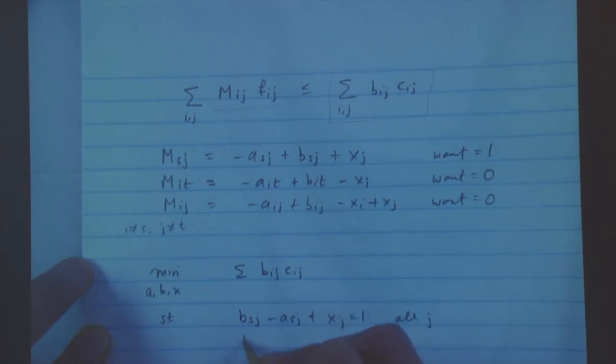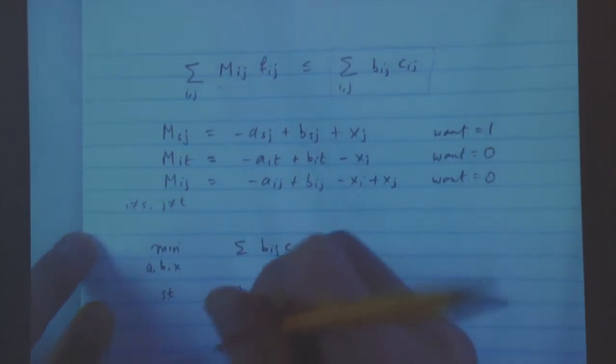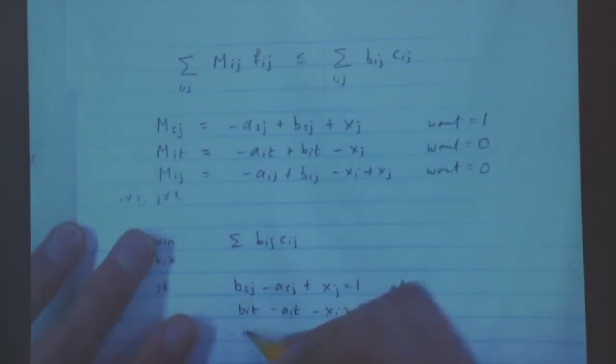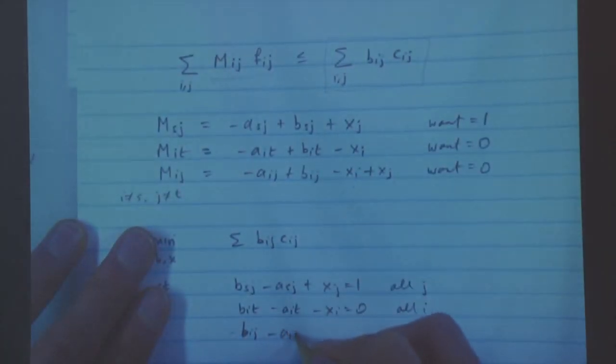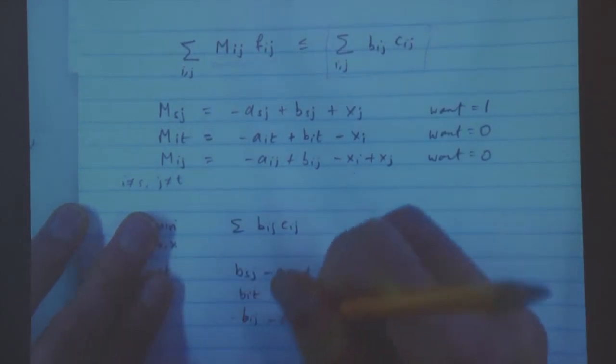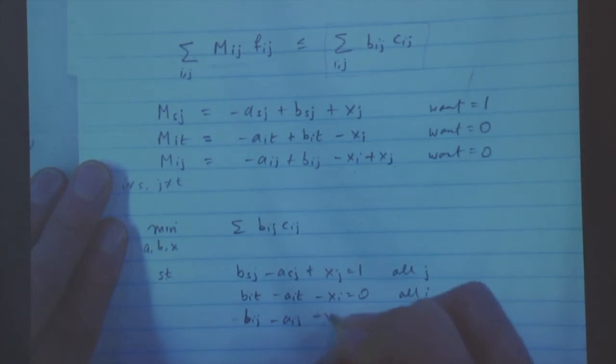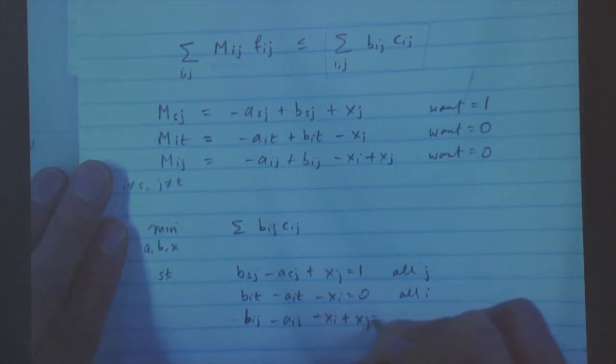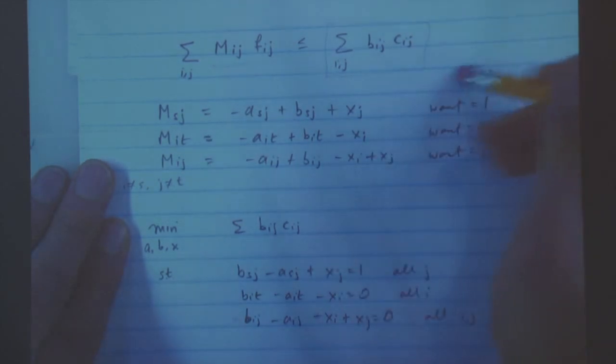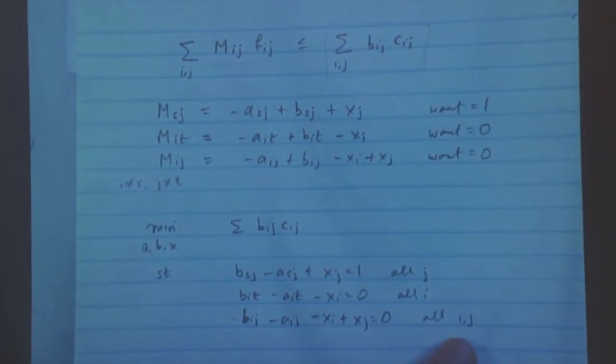We have to have bit minus ait minus xi equals 0 for all i. We have to have bij minus aij minus xi plus xj equals 0 for all ij such that i was not s and j was not t.